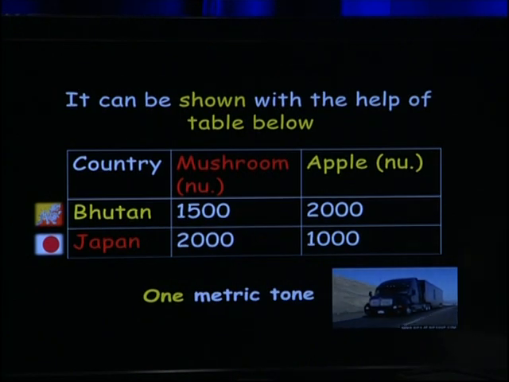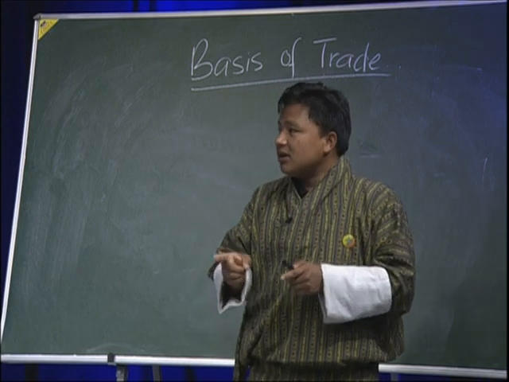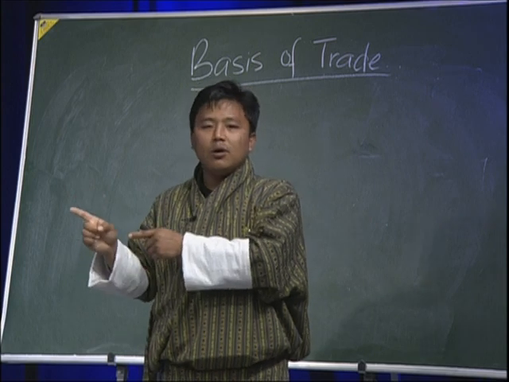As per this table, Bhutan can produce 1 metric ton of mushroom at Nu 1500, and 1 metric ton of apples at Nu 2000. On the other hand, Japan can produce 1 metric ton of mushroom at Nu 2000, and apples at Nu 1000.